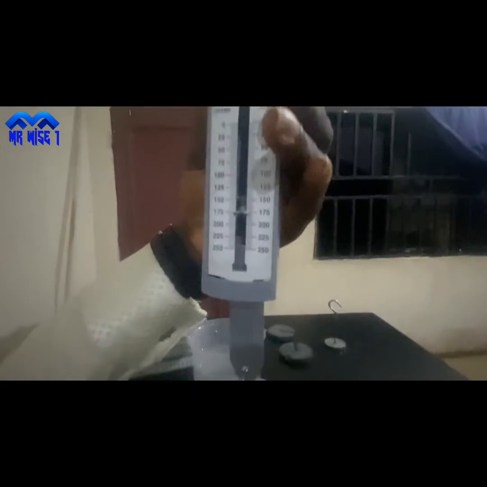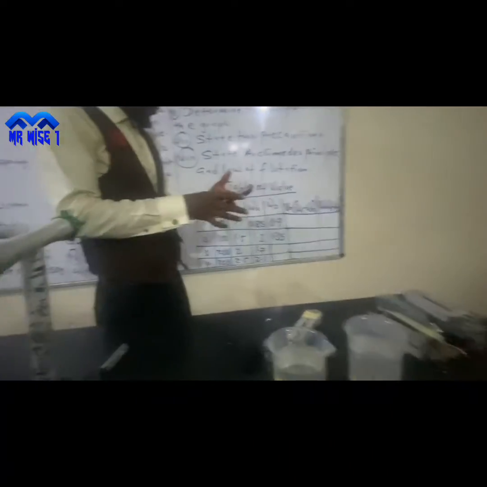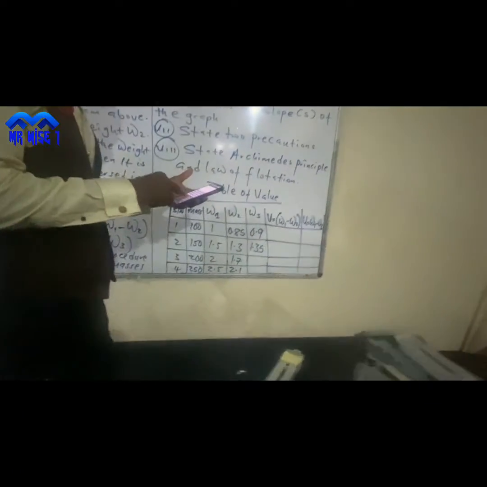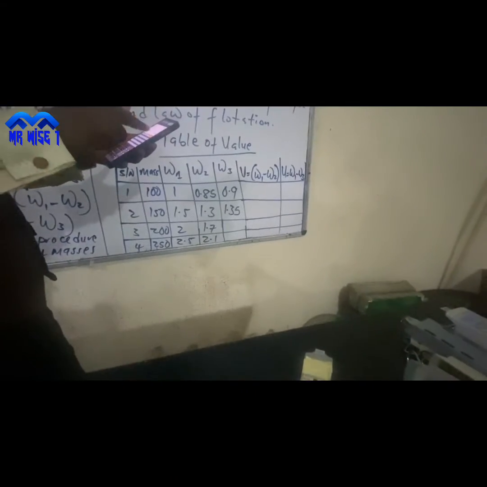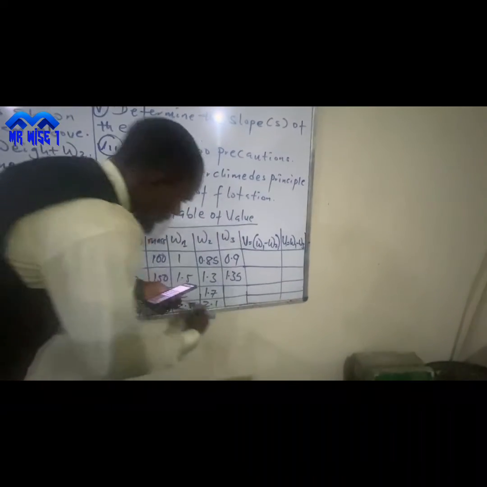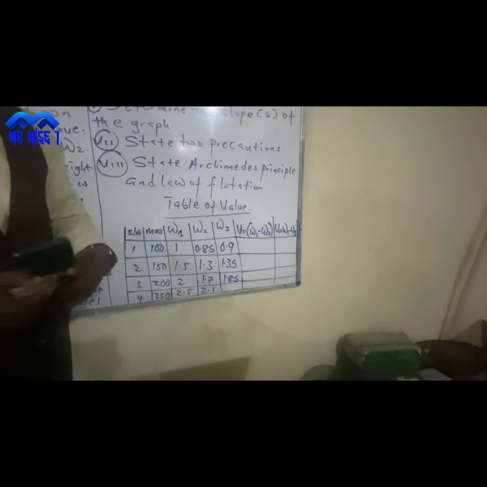It's 185. So I'm going to remove it as well. 185 divided by 1000, I have my 0.185. 0.185 times 10, so I have my 1.85.